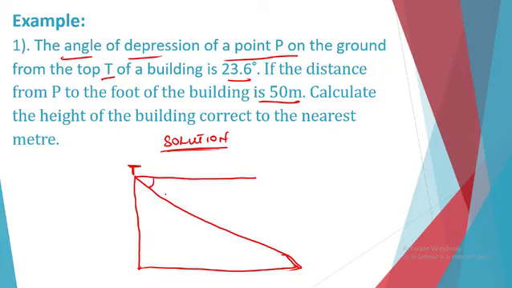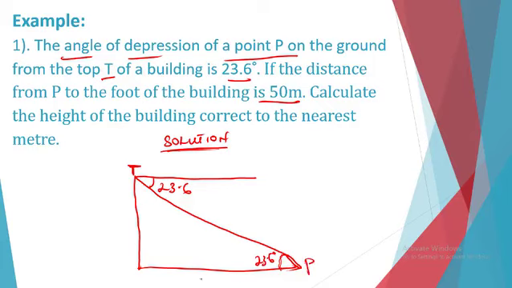We said that the angle is 23.6. But we have what we call alternate angles. So the angle here is equal to the angle here, and because of that, we have here 23.6 degrees too. Alternate angles.